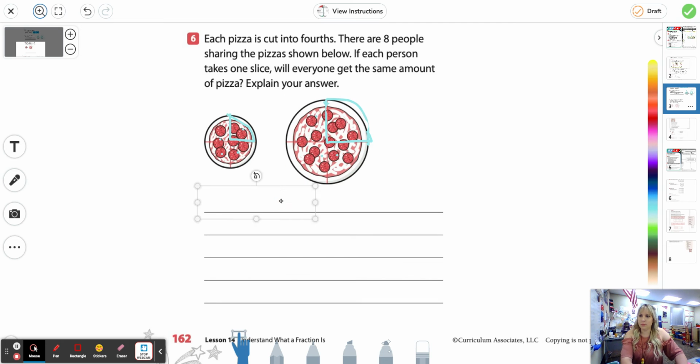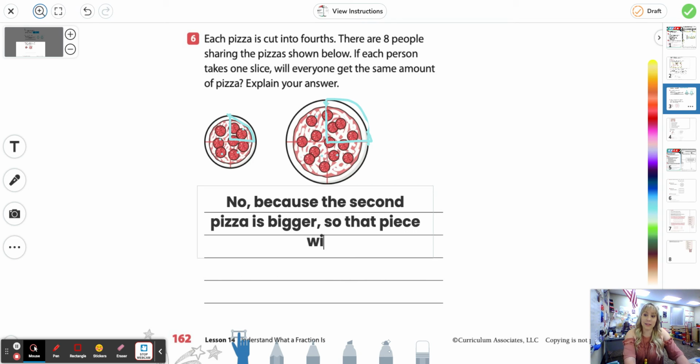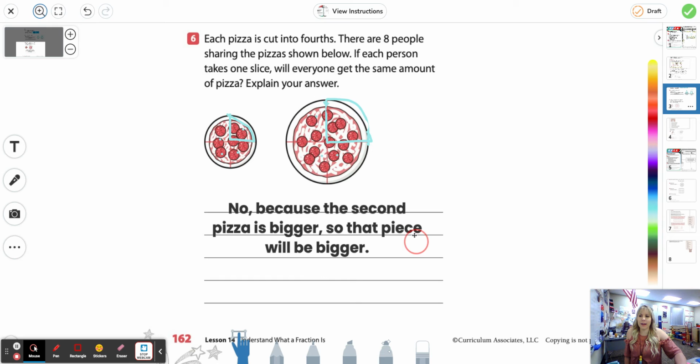So, will they get the same amount? No, because the second pizza is bigger. So that piece will be bigger. Oh my goodness, my typing today. There we go. If you need to pause the video to type that, go ahead and press pause.